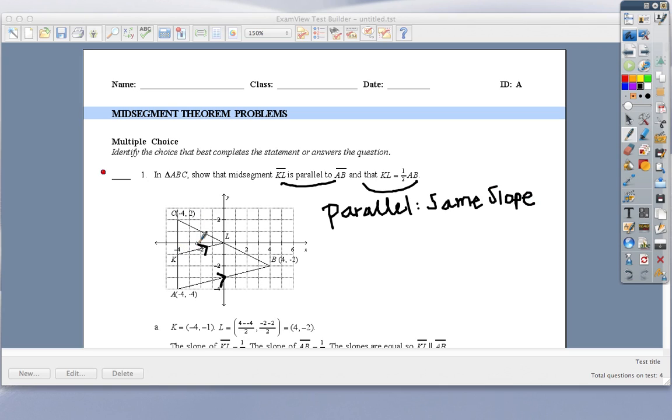So the slope of KL, well, we can do rise over run. To get from K to L, we have to go up 1, rise 1, over 1, 2, 3, 4. So the slope of KL is 1 over 4. Then let's look at the slope of AB.